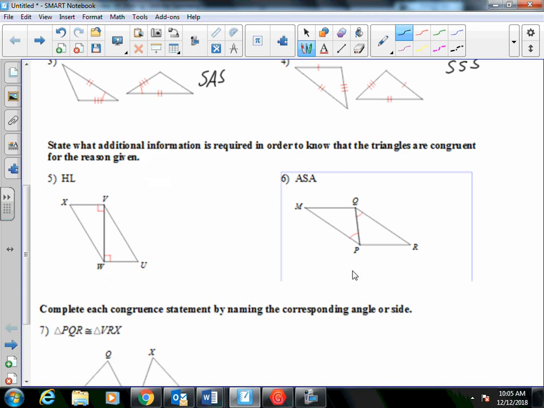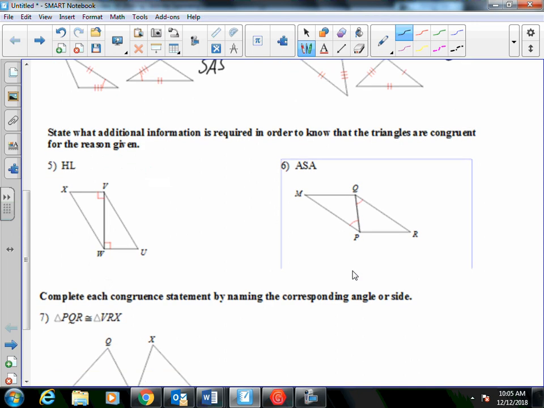Alright, so next group, state what additional information is required in order to know that the triangles are congruent for the reason given. Alright, first one wants us to use hypotenuse leg. So that means it has to be right triangles, which we do have right triangles. And between those two triangles, we can see that VW is shared, so we would know that is congruent.